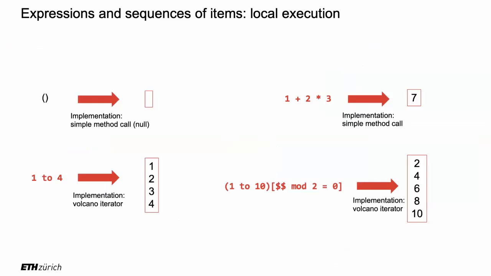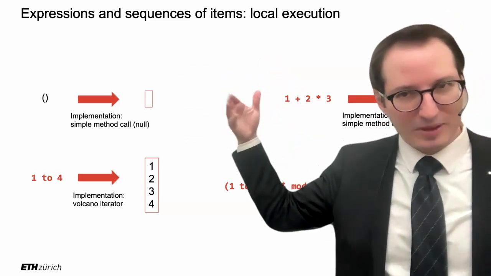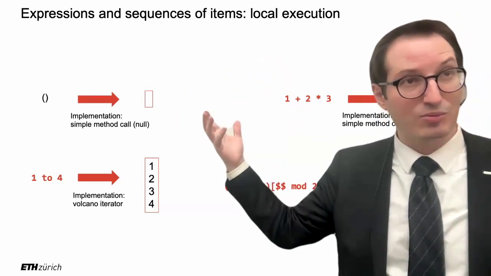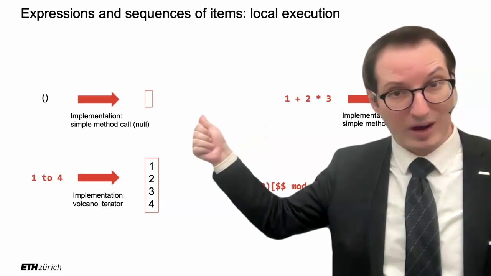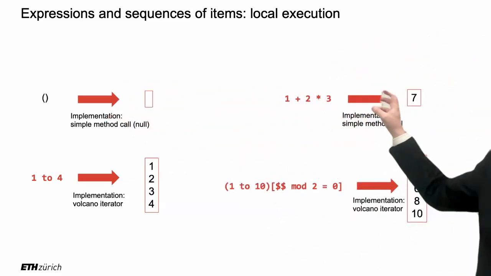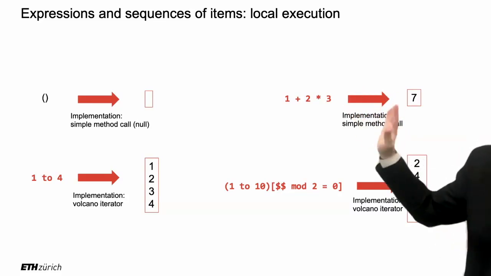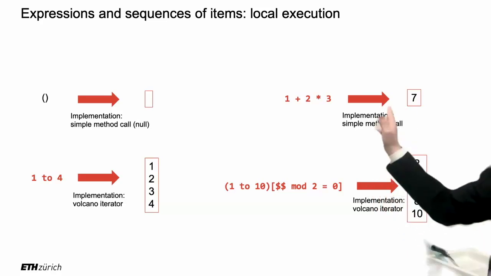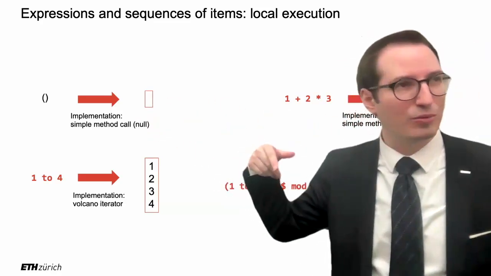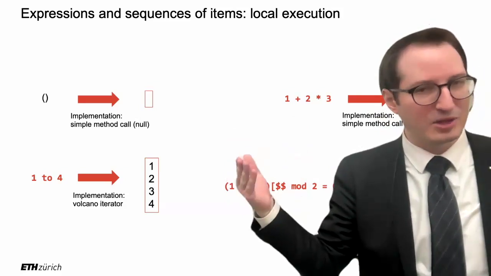Now, more details about the implementation. If you think of static typing, sometimes you have the information that an expression is just going to return one item or zero. In that case, you don't even need an iterator. It can be a simple method call. You call the method, get the result, and that's it. This is something we didn't have at the beginning. We were always iterating, but iterating when there's only one item is ridiculous.